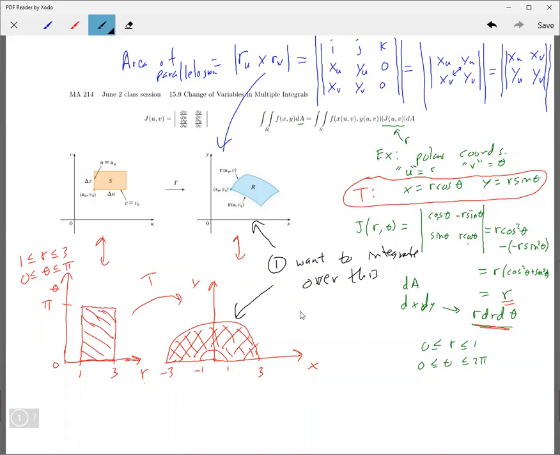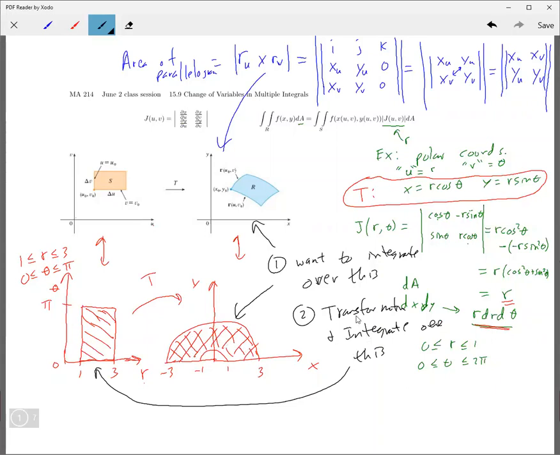Okay. So to do a transformation, instead of integrating over that, you integrate over this region here. So again, the problem is going to be integrate over this region.